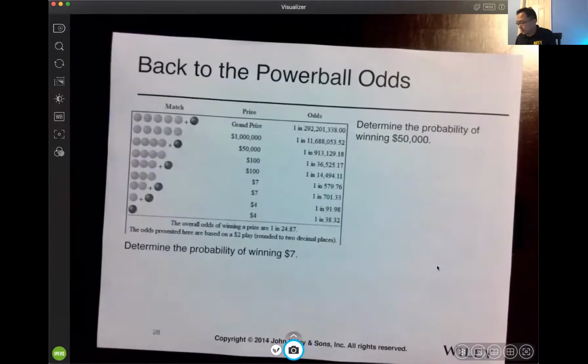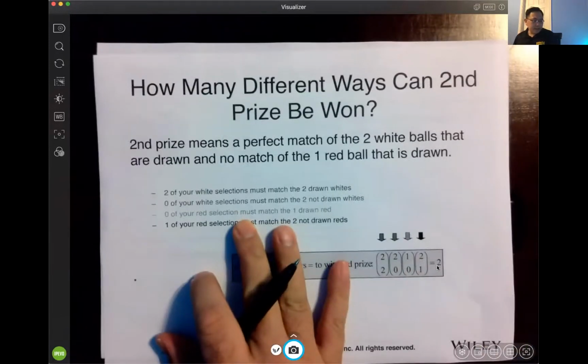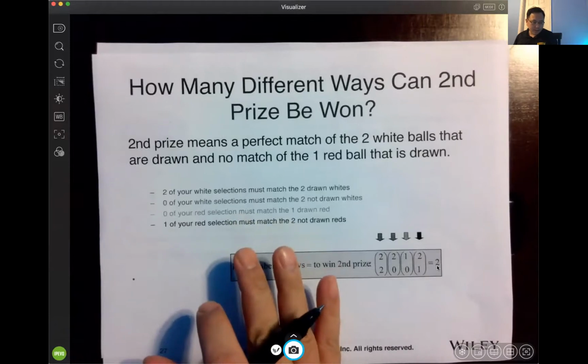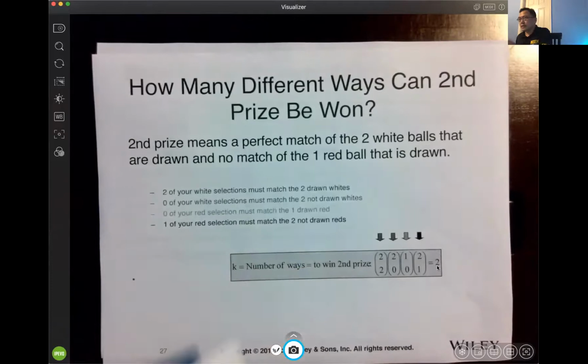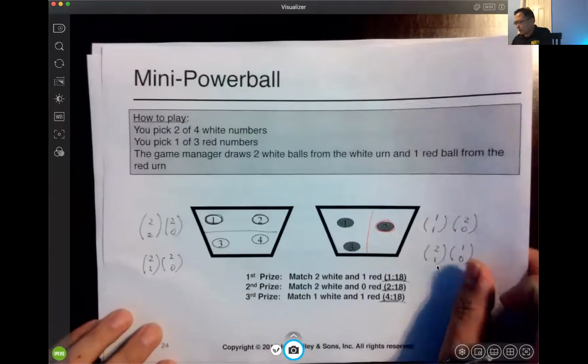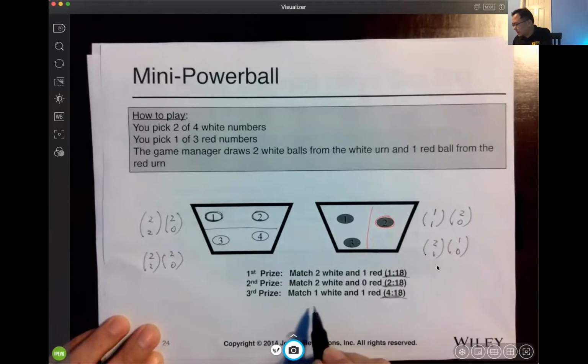Now, the third prize. What's the third prize? The third prize is to match one white ball and one red ball. So for the third prize, how many ways?